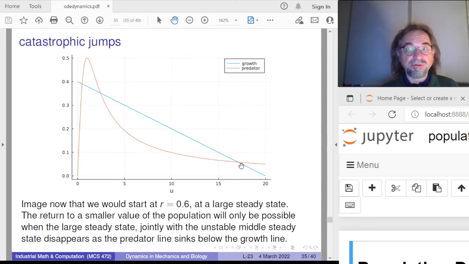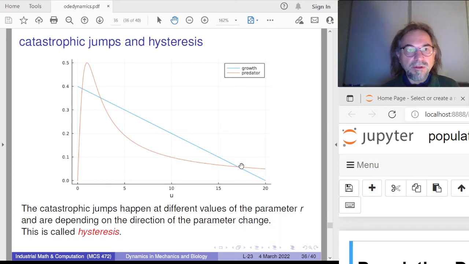And this is then also where you notice a catastrophic decline in the worm population. So what I just tried to describe is that if the rate of growth increases, then at some point you have a catastrophic jump in your worm population.